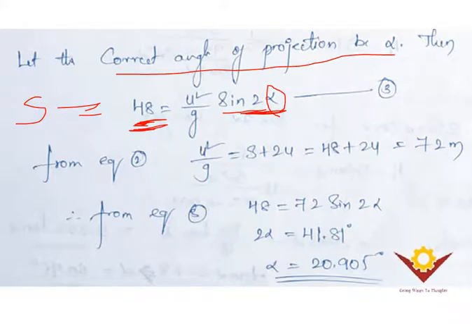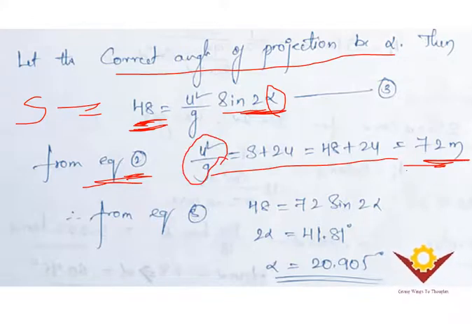If you substitute S equals 48 in equation 2, you get U square by G equals 72 meters. Once again, if you substitute S equals 48 in equation 2, you get U square by G equals 72 meters.